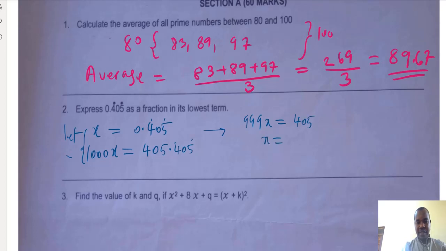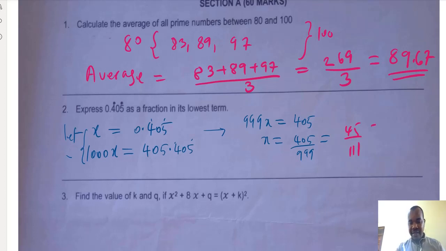So x is 405 divided by 999. Let us check: when you divide 405 by 9, you get 45, and 999 divided by 9 is 111.